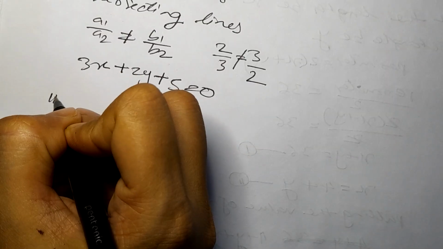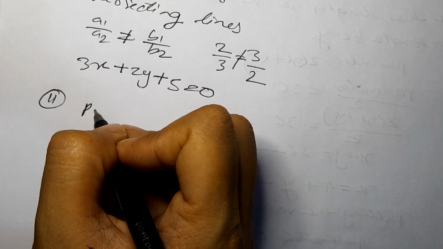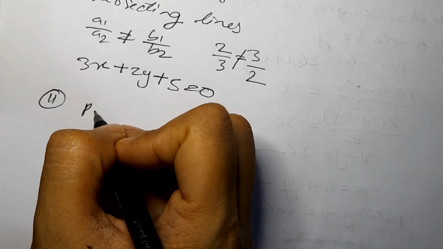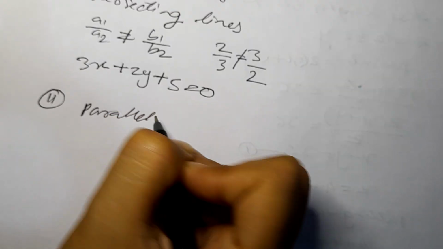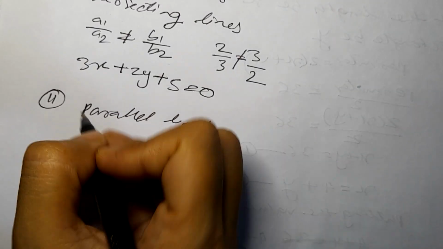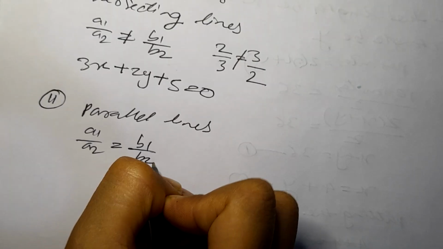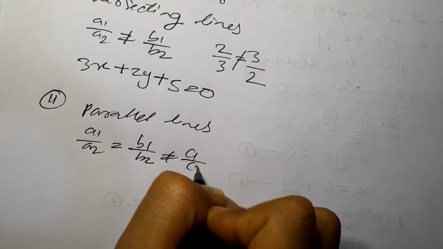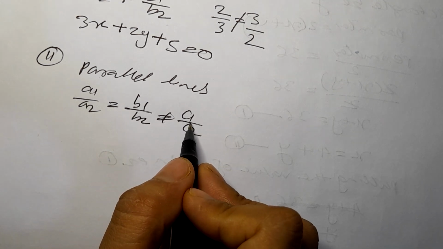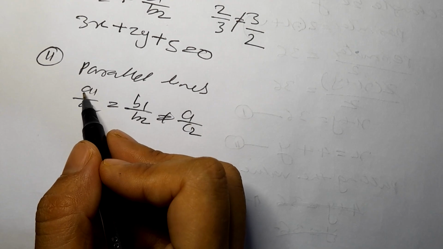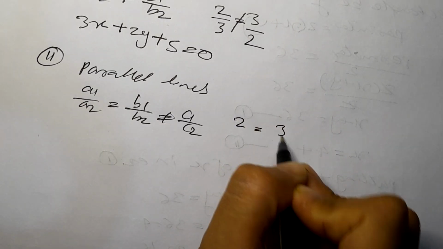Another equation, for 2, that is parallel. a1 by a2 and b1 by b2 will be equal and c1 by c2 will not be equal. So parallel lines, what is the condition? a1 by a2 equal to b1 by b2 does not equal c1 by c2. Choose numbers in such a way that these two are equal and this is not equal. Here we have 2 and here we have 3.